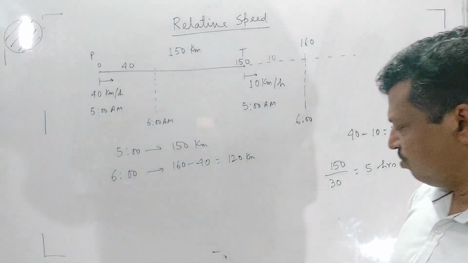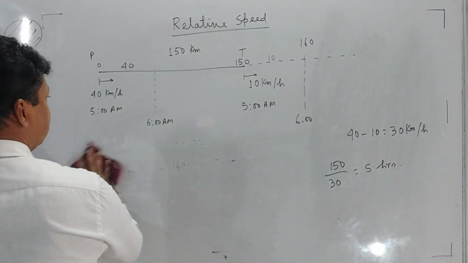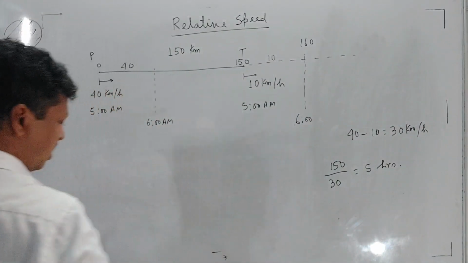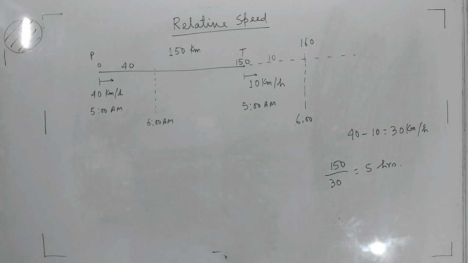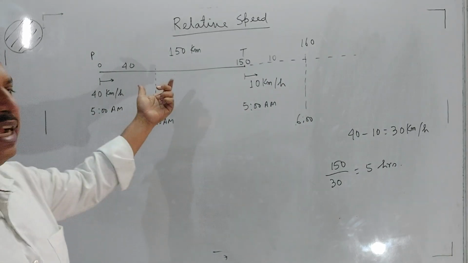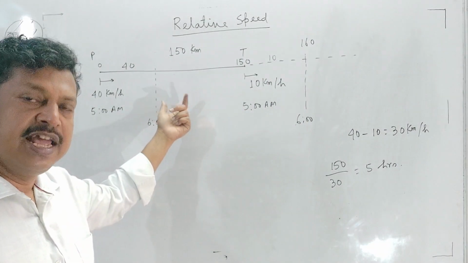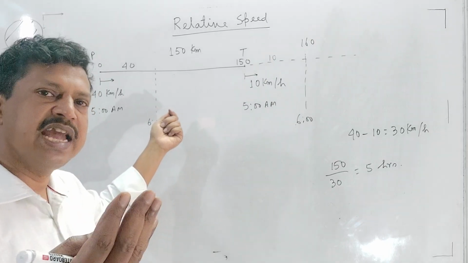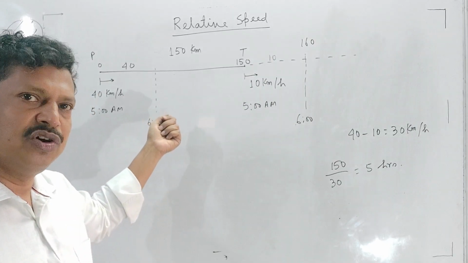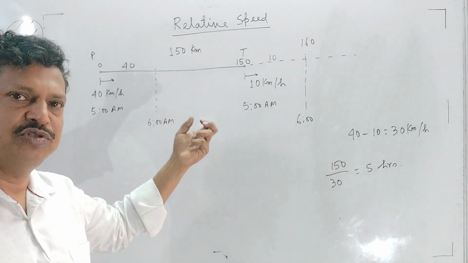Now, if you don't want to understand in this form, you can use unitary method also in the same fashion. So what is happening? Initially the gap was 150 kilometer, and per hour they are reducing a gap of 30 kilometer. So they are meeting means what? The gap should be 0.